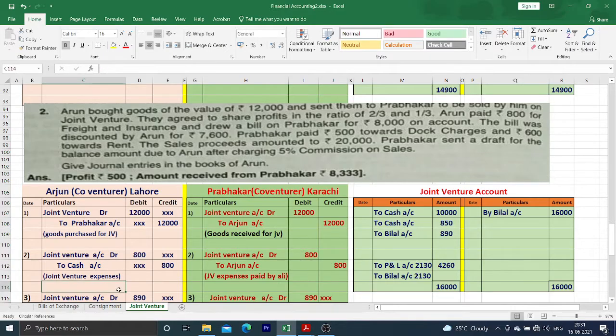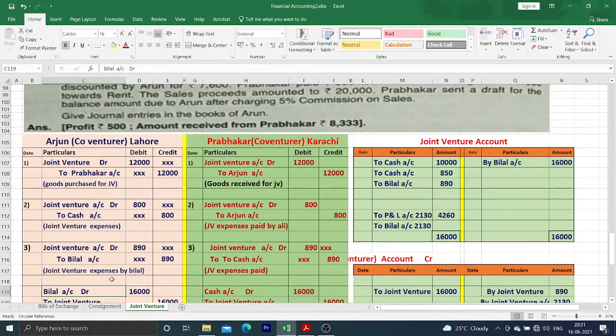And he drew the bill. Bills receivable account data to Prabhakar account. Bill amount is maybe 8,000.